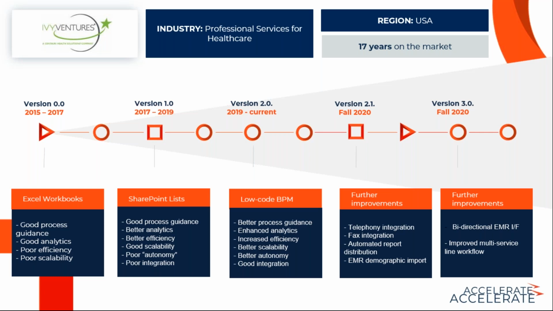So after having tried several solutions that couldn't meet their needs for scalability, operational transparency, and process automation, they came across Creatio, and throughout our engagement, again, similar to End, realized that a low-code platform is what they've been searching for.